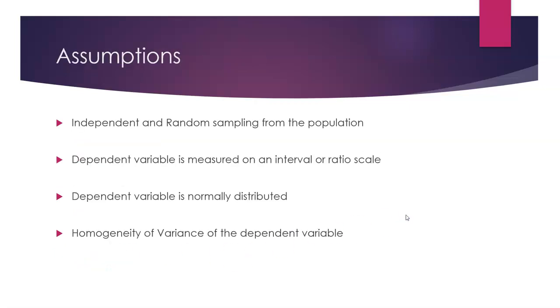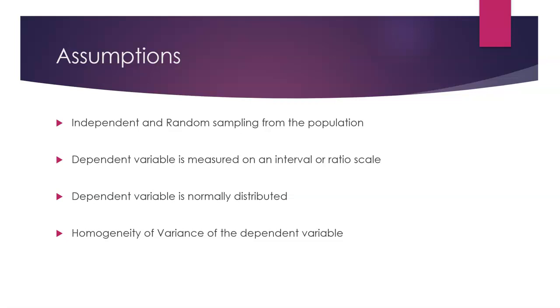All right. So as with the t-test and any other test, there are certain assumptions that have to be met, and many of them are the same. So independent and random sampling from the population, right? We want to try and get as representative a sample of the population as we possibly can. And each one of the individuals that we're including in this analysis is going to be independent of one another.